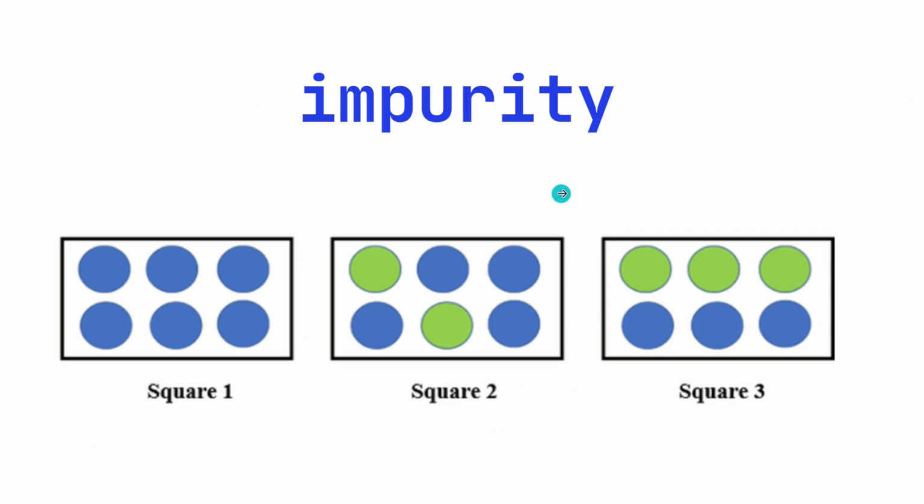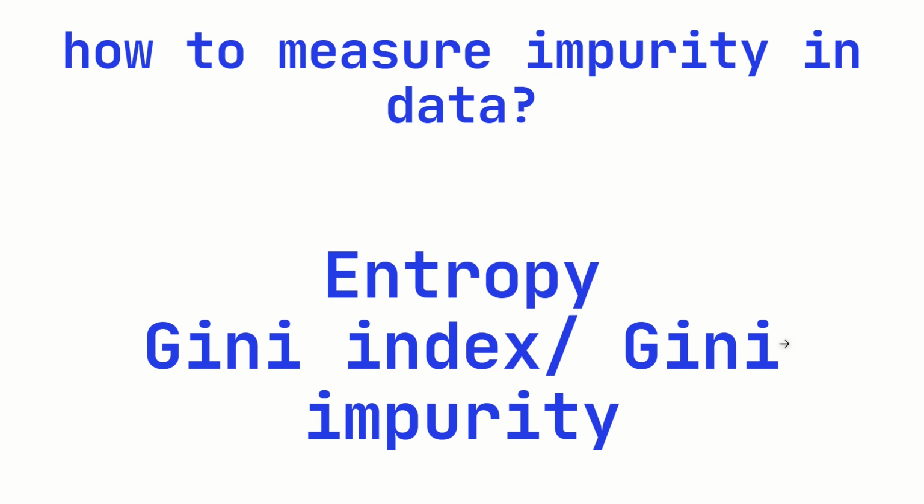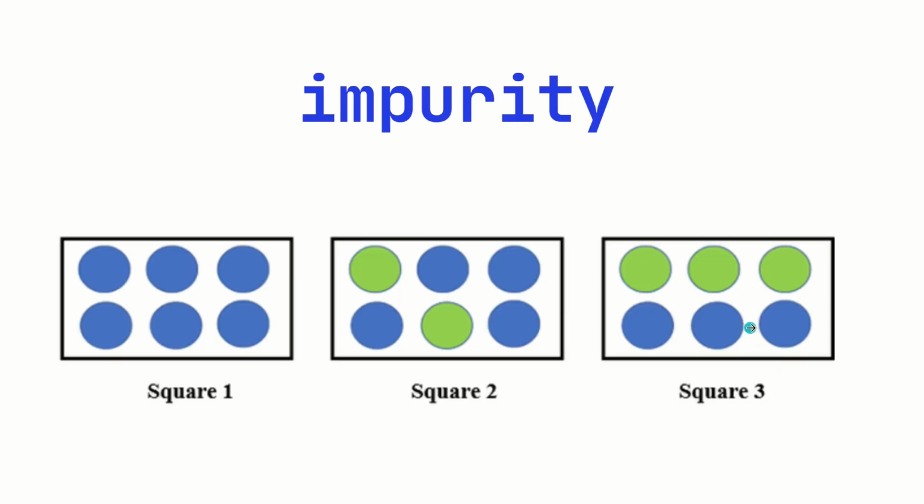So now before we jump into the example of how the decision tree works, we have to talk about impurity, because it's an important topic in the decision tree subject. So in this case, you can see we have three squares available, right? We have a square with all blue balls. Here we have some greens. Here we have an equal number of greens and blues. So what's the meaning of impurity here? In this case we can say square one is completely pure.